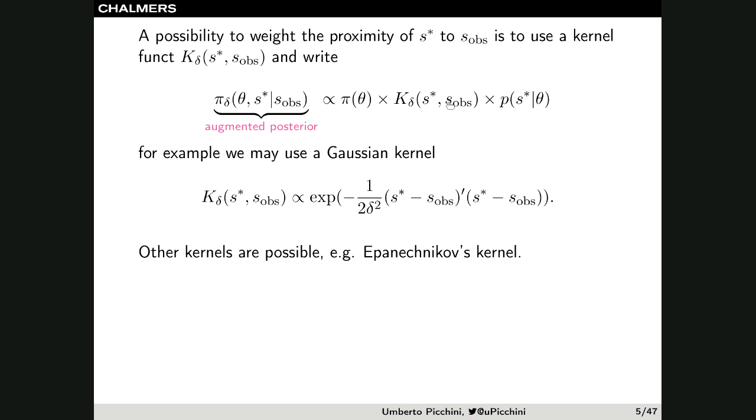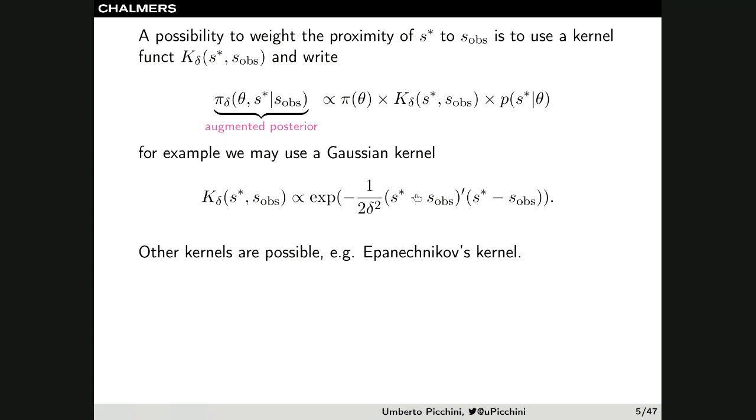We have our model simulator here. We have the prior of our parameters. So we define the augmented joint posterior of parameters and simulated summaries in this way, up to a proportionality constant, of course, which doesn't matter. Throughout, and in the paper, we used a Gaussian kernel to weight the proximity of simulated summaries and observed ones.